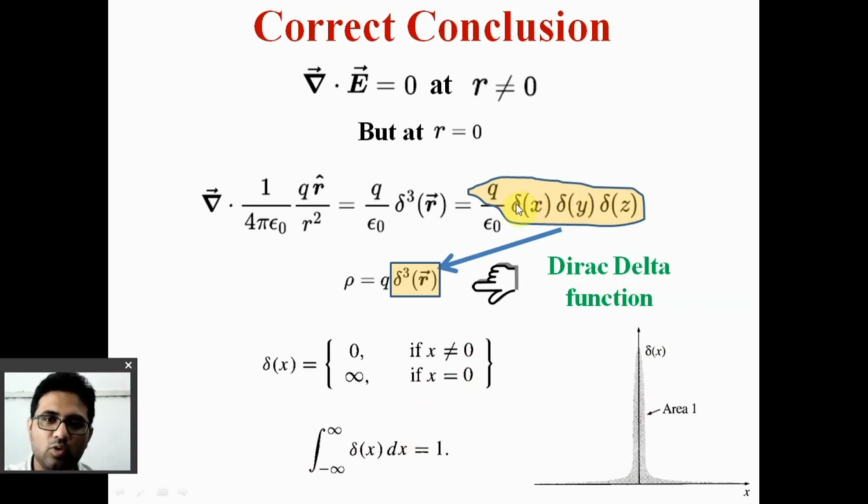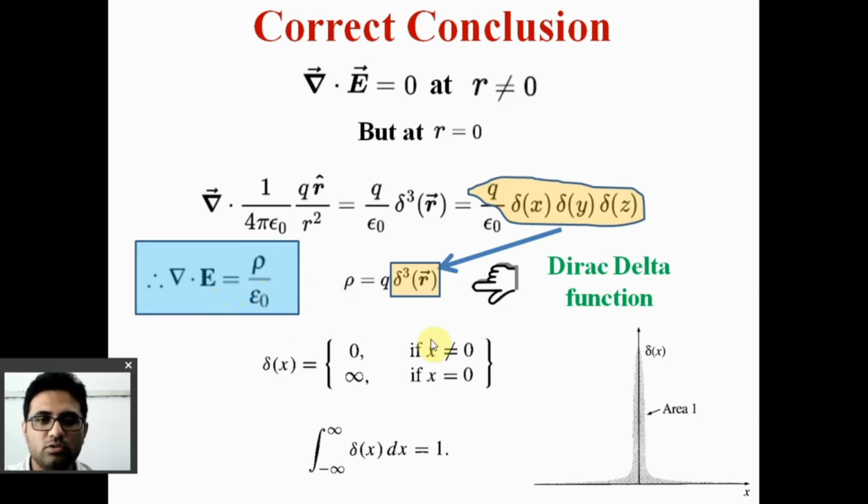Here q delta x, delta y, delta z is basically q delta cube r, and that is actually the volume charge density. Now putting in the volume charge density, we get the divergence of electric field equal to rho by epsilon naught.